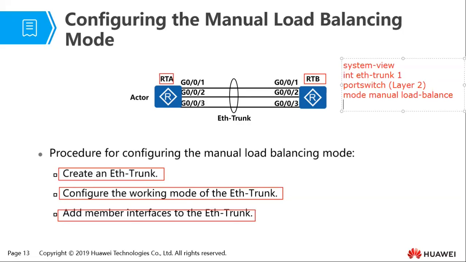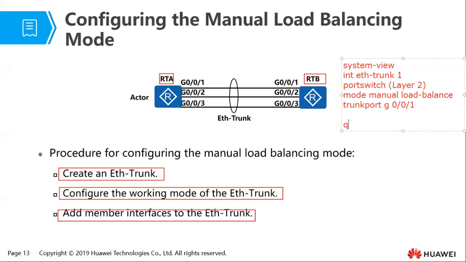So when you want to add a member to the Ethernet trunk, you simply use the command trunk port. So trunk port, then the interface type, for example, gigabit Ethernet, then the number of the interface, for example, 0/0/1. So that is how you add it there.